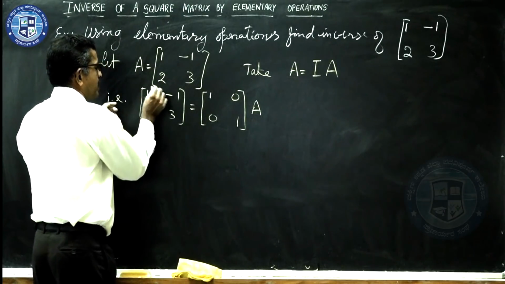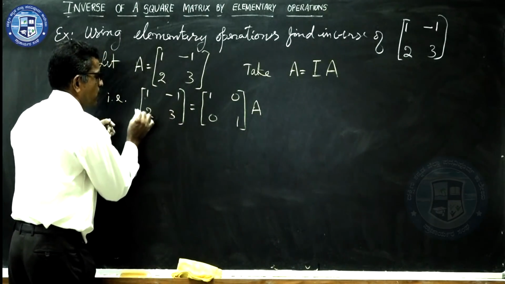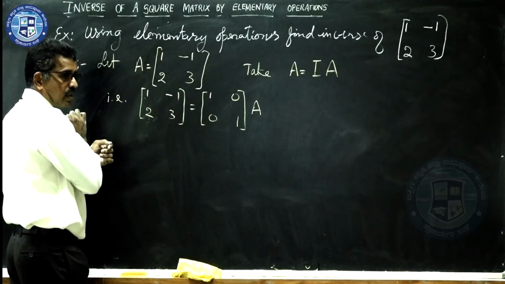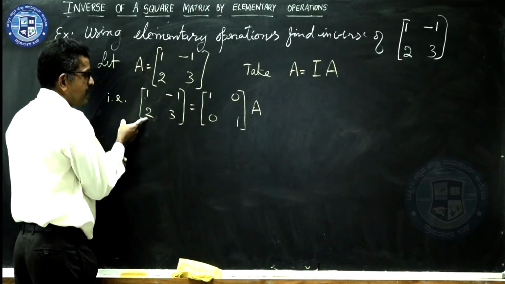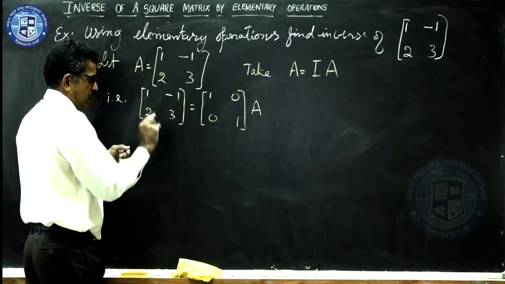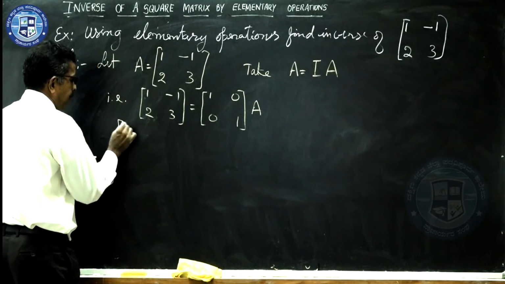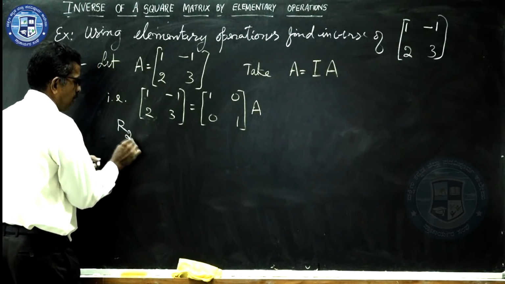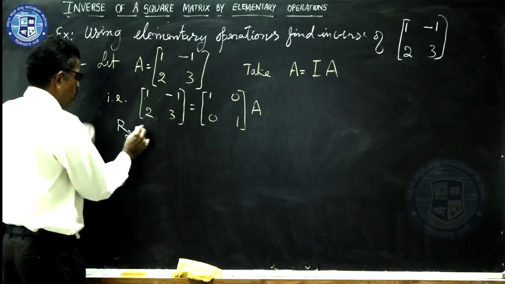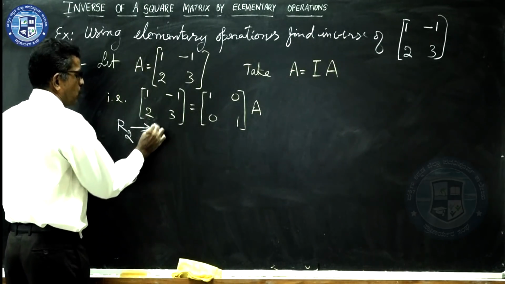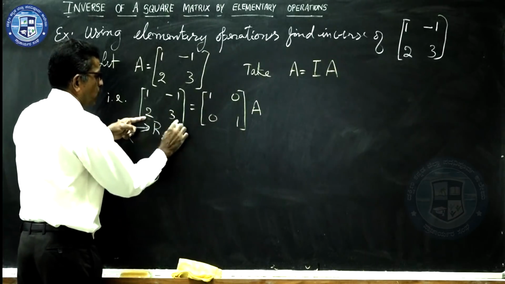This is the first row and this is the second row. The second row's first element must be changed, so I need to apply the operation to the second row, which has 2 and 3.